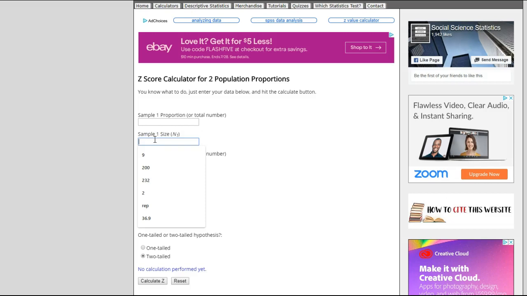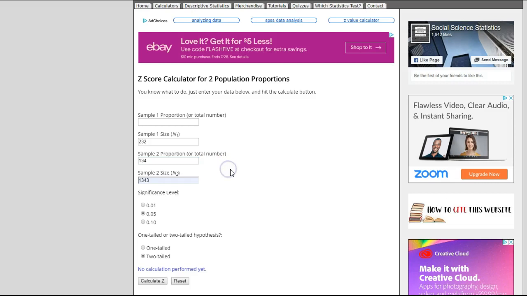So for example, African Americans were a total of 232. And for the white cell phone owners, that was 1,343. 10% of 1,343 is 134.3. But this decimal is going to cause problems, so I'm going to round it.